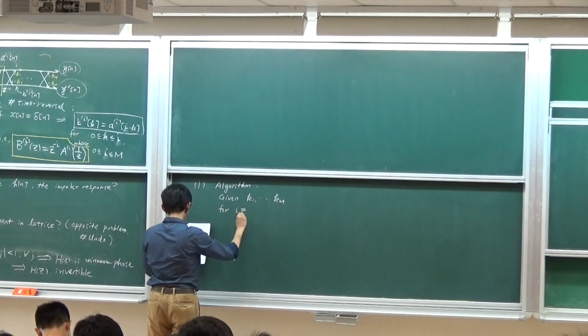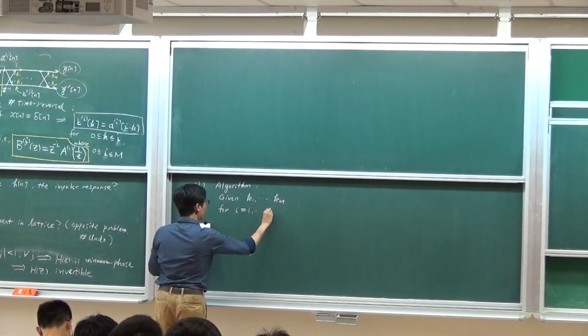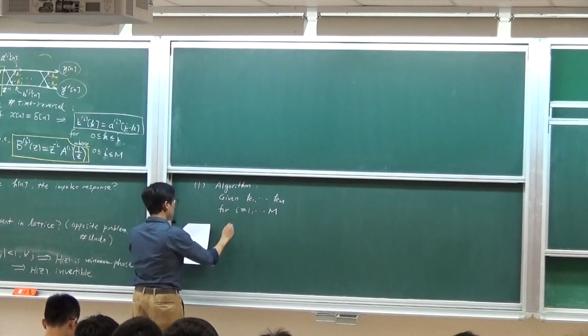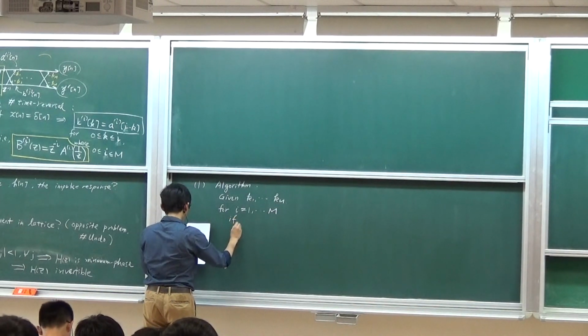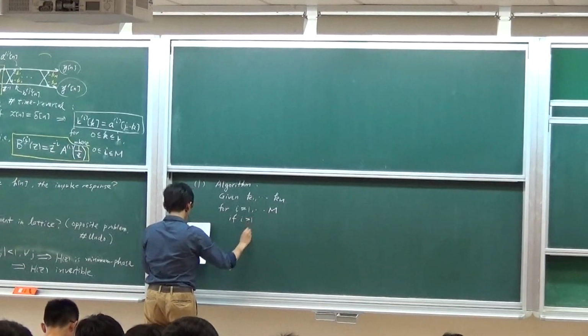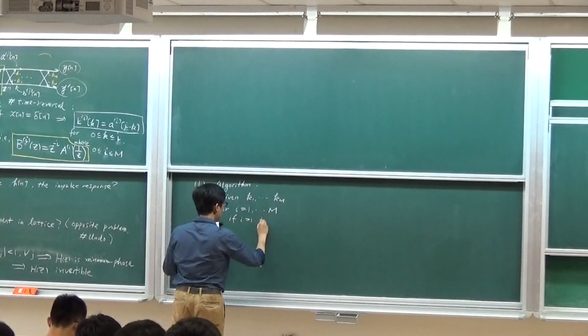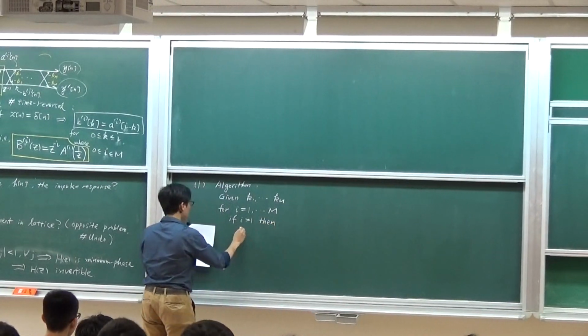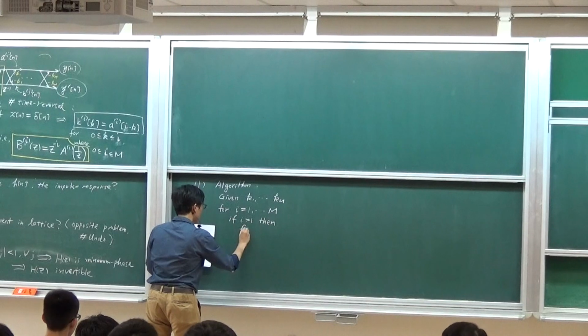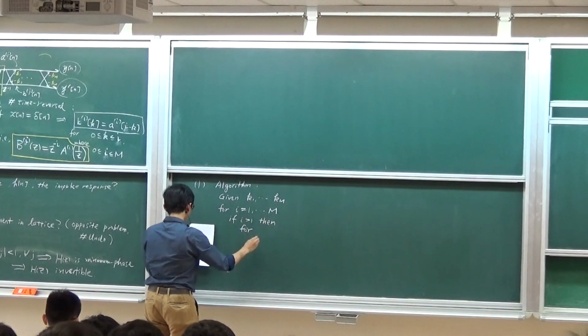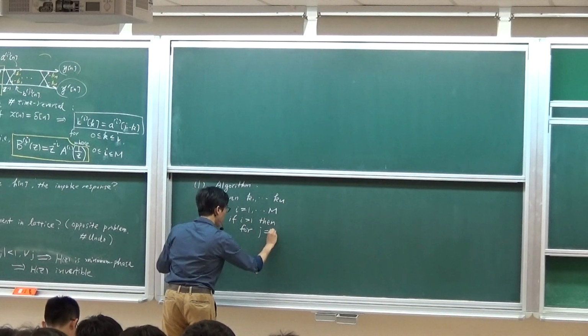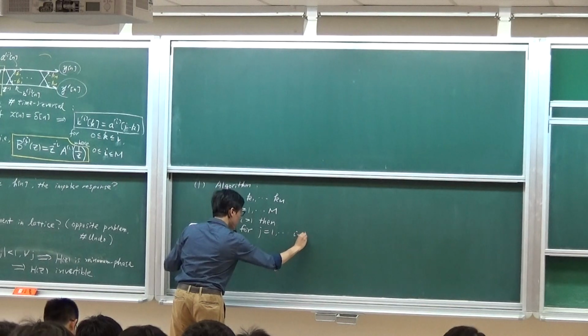There is a double loop in here. For i from 1 to n, the inner loop is, if i is greater than 1, then we have another for loop: for j from 1 to i minus 1.